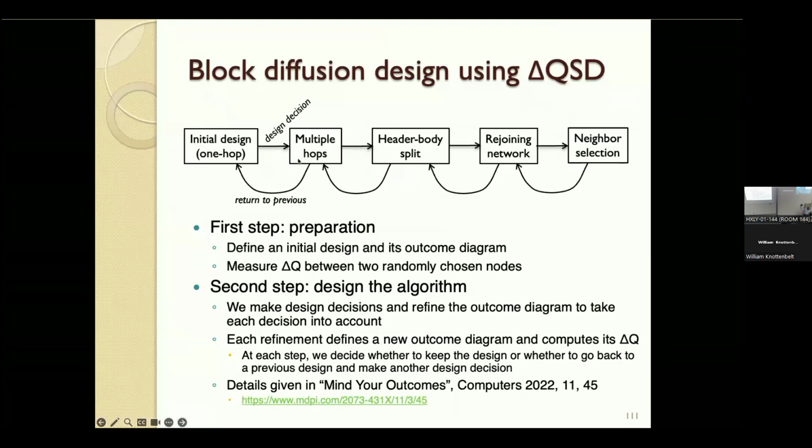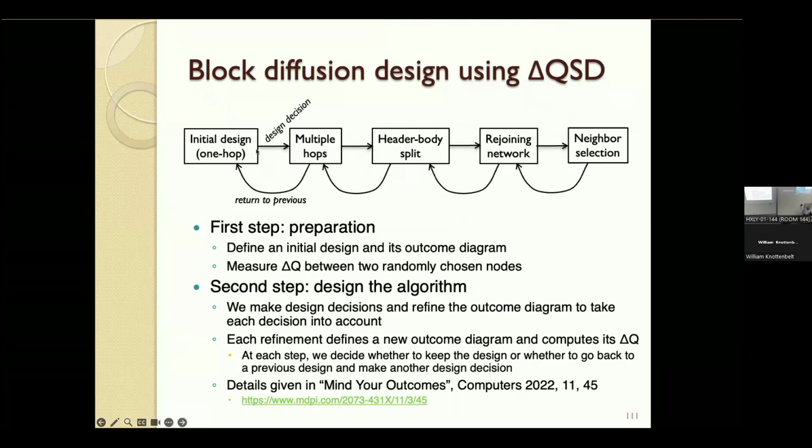But maybe you want to do multiple hops to get to a node, or split the header and the body. Because the header is much smaller than the body, you have to decide where to go. Maybe you don't want to always send the body. What if a node leaves and rejoins the network? It may rejoin in a different place. Also, you need to select which neighbor you talk to. Some neighbors are faster than others.